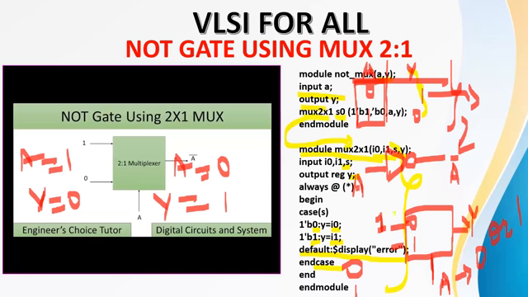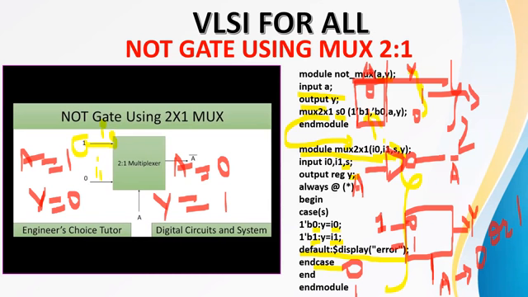S0, S1, anything, okay? So what I'm doing is, instead of this I0, I'm assigning 1'b1. This 1'b1 is what? 1. This is actually I0, okay? And this is actually I1. So instead of I0, I'm assigning 1 because I'm giving the value as 1 for I0, okay?